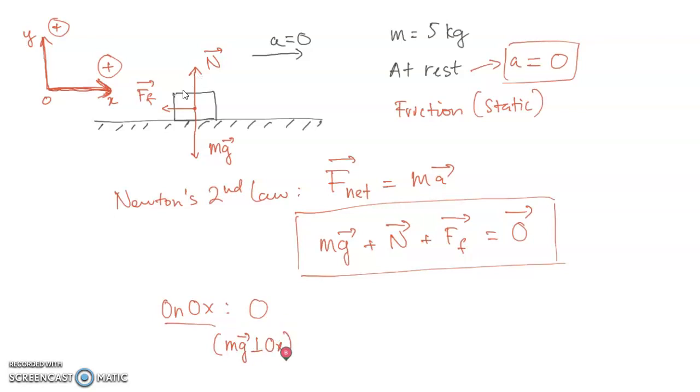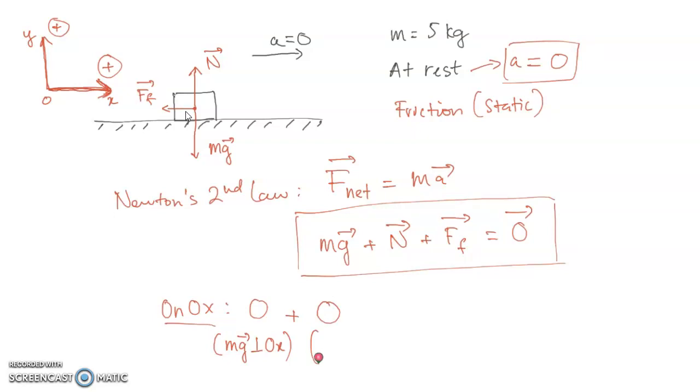What about the normal force? Look at this. The normal force is going up, parallel to OY, so that would be equal to itself, plus N. Oh, hold on, I made a mistake here. We're talking about OX here, so N is actually perpendicular to OX. So this will be equal to 0 too. Sorry about that.